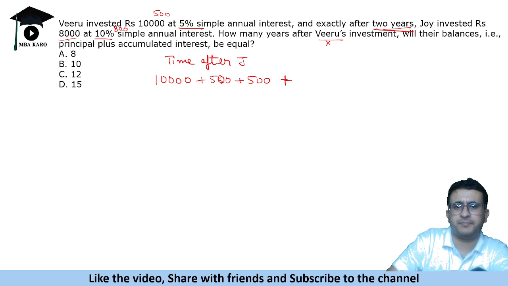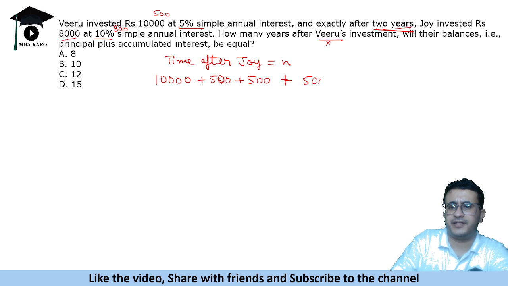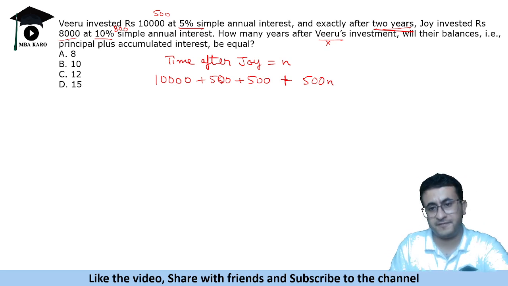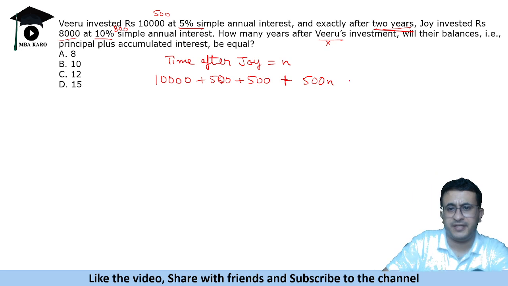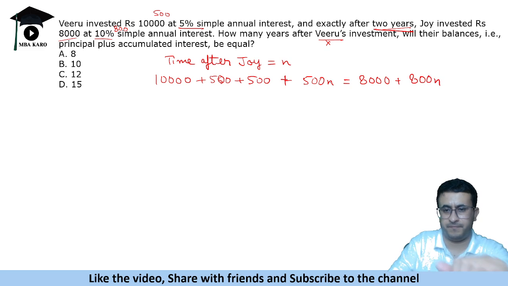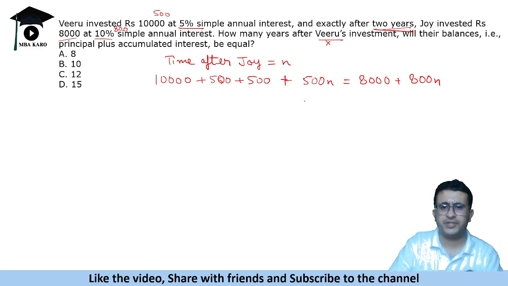We will remember that after Joy it is n years. So Viru will make 500n rupees in these many years, because every year he is making 500 rupees. And Joy invested 8,000 and will make 800n. Now if you see it, this gives us 300n equal to 11,000 minus 8,000, that is 3,000, so n is 10 years.